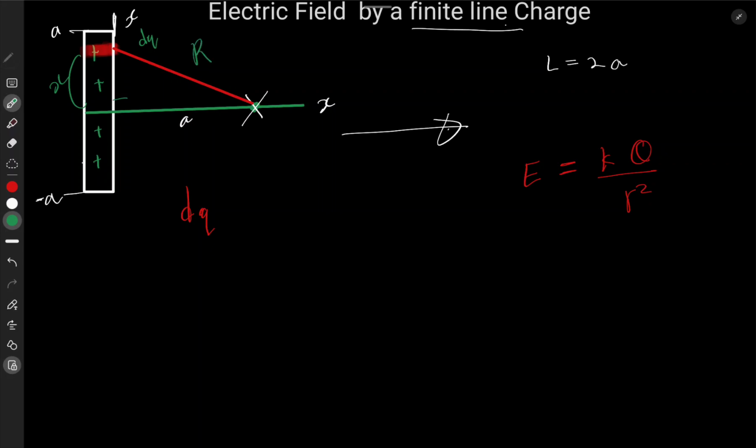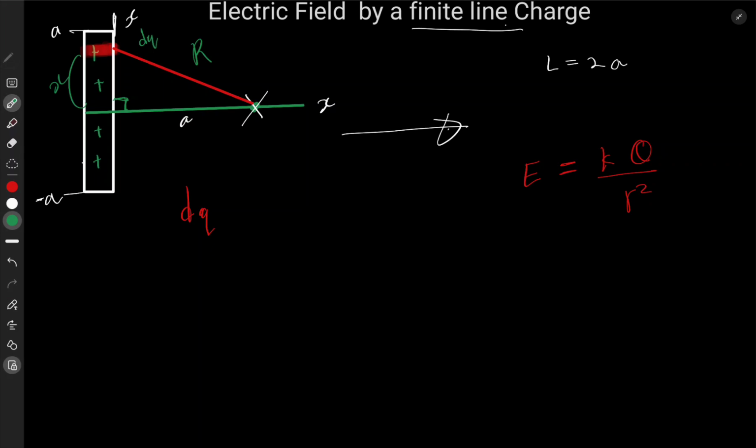I'm saying hypotenuse because of this right triangle, which is a hint that most likely we'll be using the Pythagorean theorem in a way. So this point charge is causing an electric field at this one.